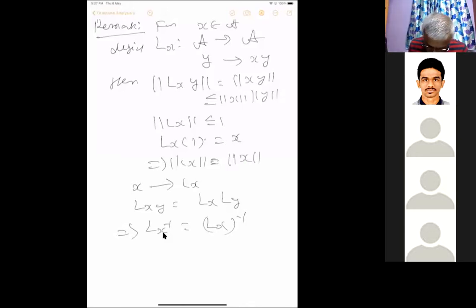Correct. So Lx inverse equals Lx inverse if x is invertible. If, as a ring element, x is invertible, then Lx inverse is Lx inverse. That is clear because x going to Lx is a representation. When you multiply Lx, it's going to be xy.